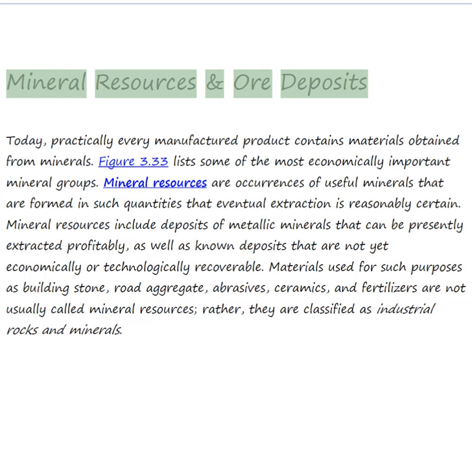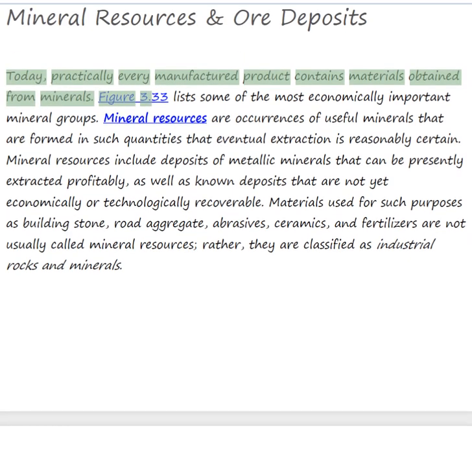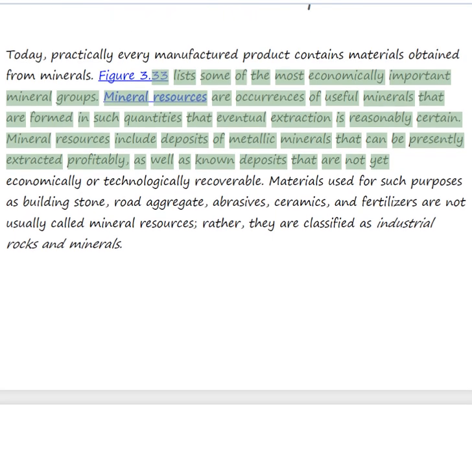Mineral resources and/or deposits. Today, practically every manufactured product contains materials obtained from minerals. Figure 3.33 lists some of the most economically important mineral groups. Mineral resources are occurrences of useful minerals that are formed in such quantities that eventual extraction is reasonably certain.